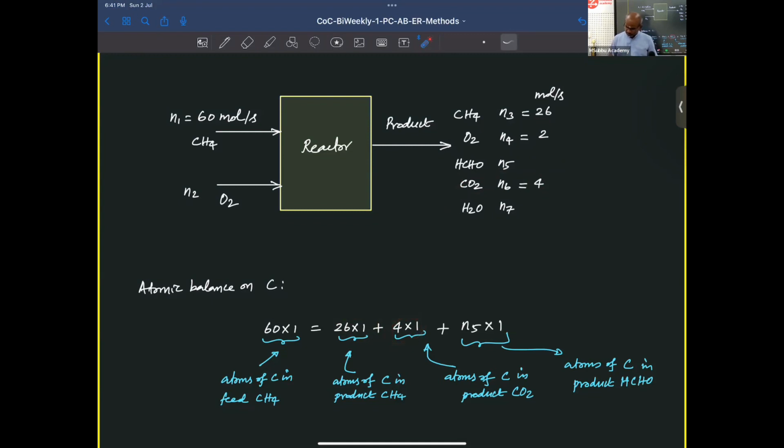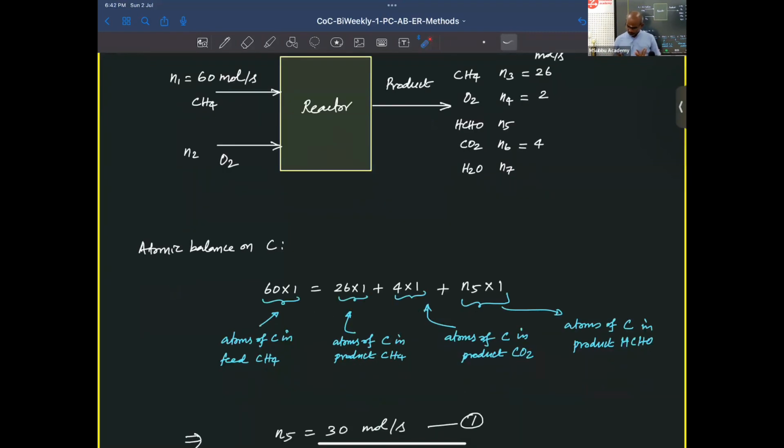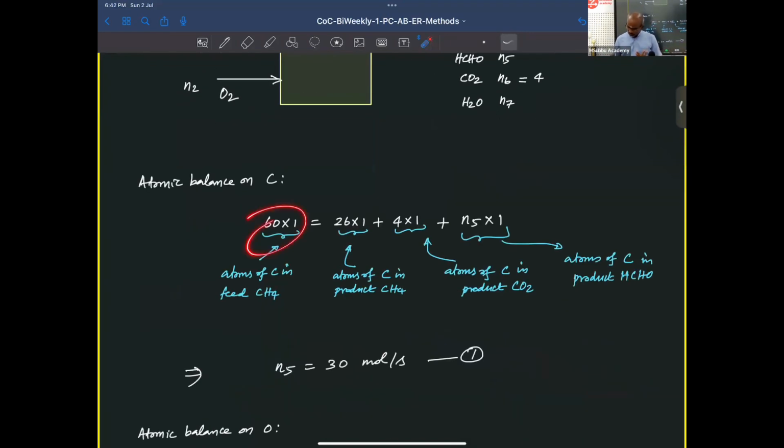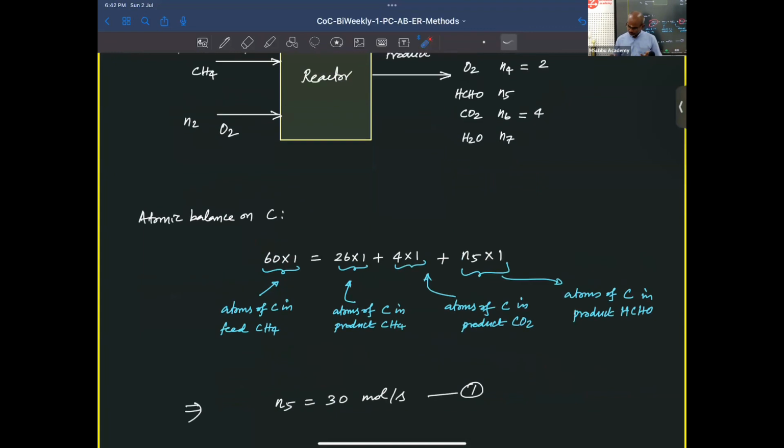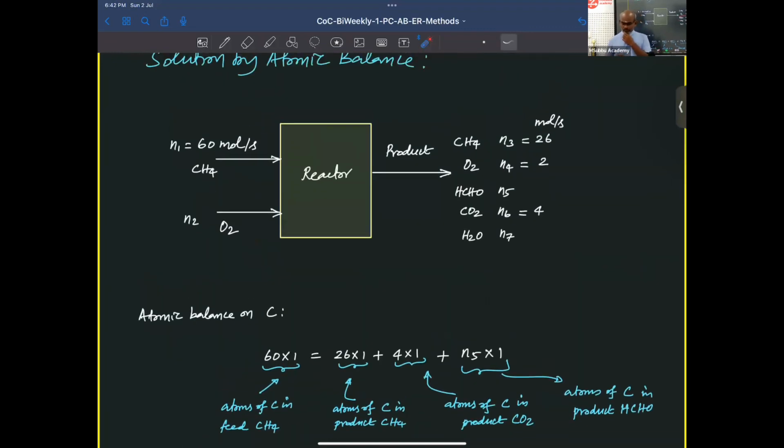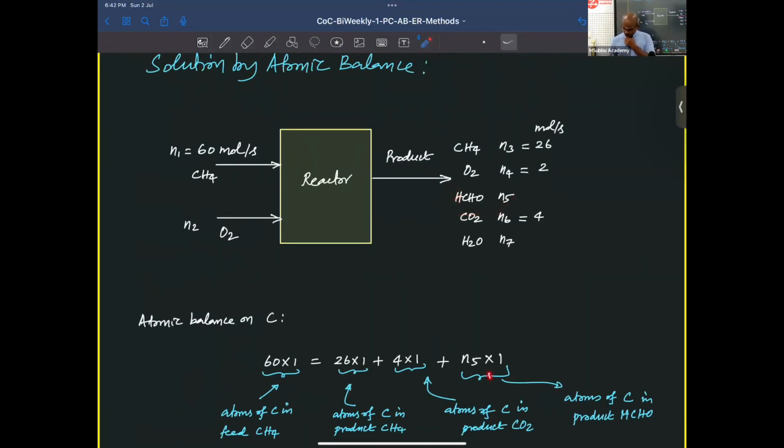Another component is formaldehyde, with molar flow rate N5. Its molecular formula is HCHO, and 1 HCHO has only 1 C, so 1. This balances the atoms entering and leaving, so here we can directly get the value of N5, the formaldehyde amount.